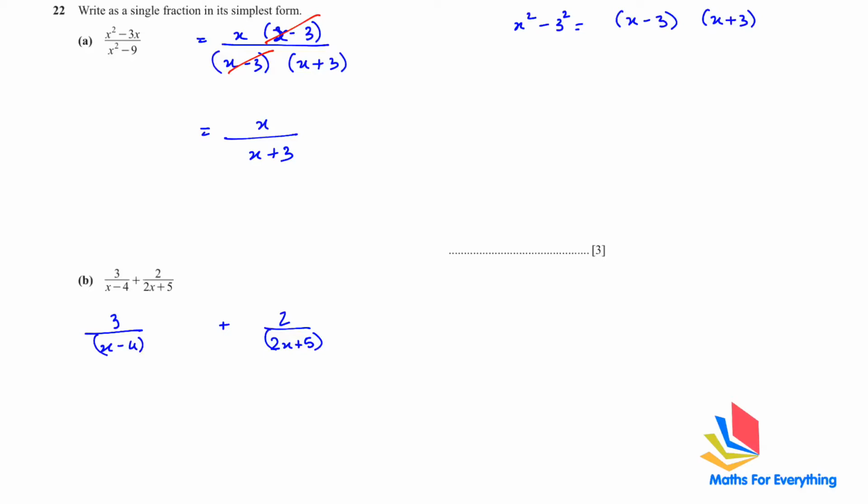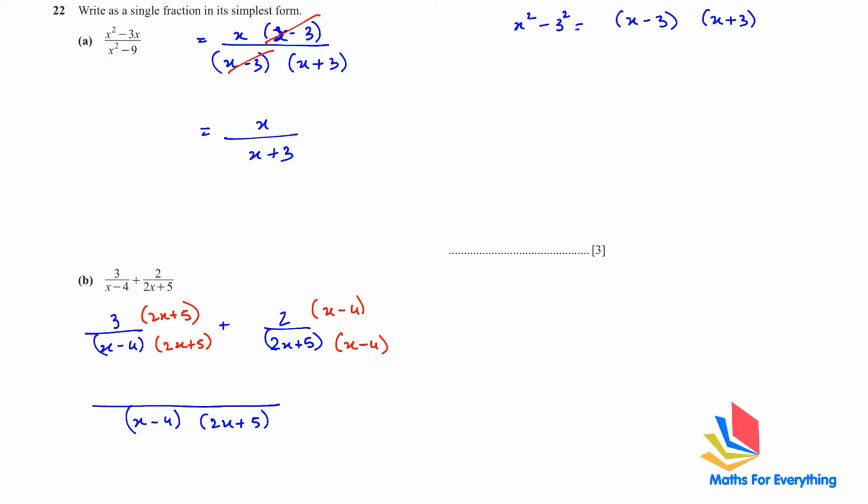For that, we are going to multiply this side by 2x plus 5 in the numerator and the denominator both. And here by x minus 4. As the denominators are now common, they can be written as a single fraction, x minus 4 and 2x plus 5.